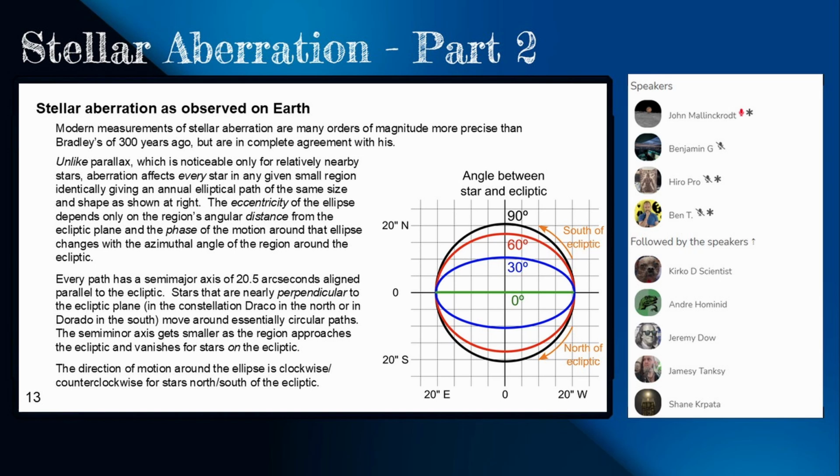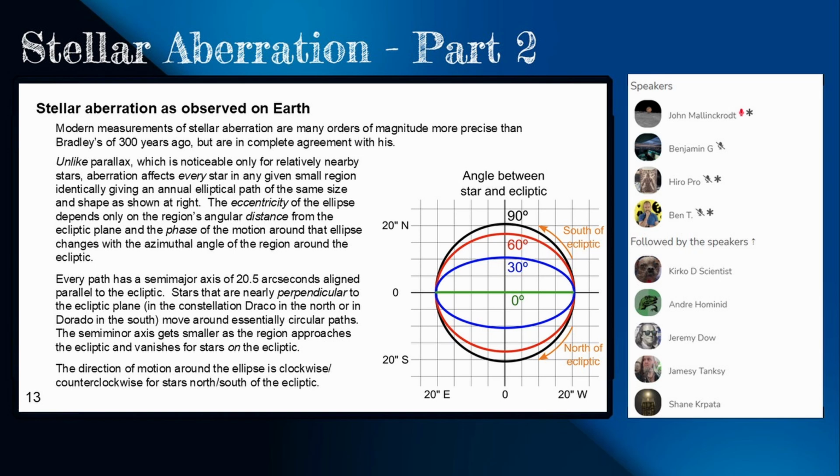There's no shift when the Earth moves directly toward the star, and no shift when it moves directly away. There's only a Doppler shift, as Benjamin was saying earlier, but that's 150 years in the future from where we're talking about right now.